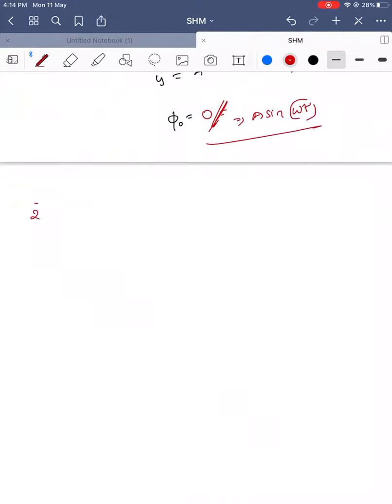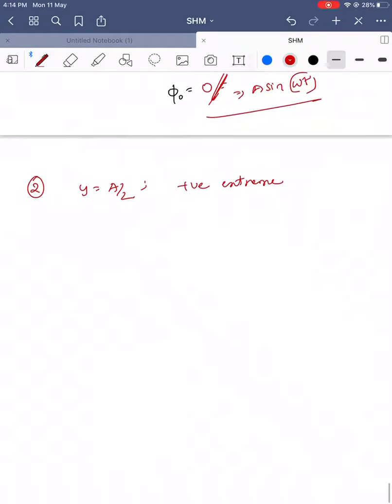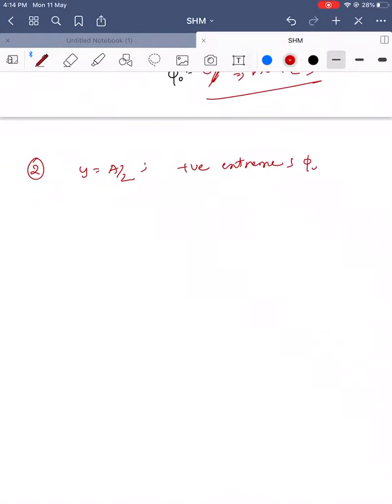Second case: a body at y equal to a by 2, its amplitude is a, going to the positive extreme. Find phi naught.